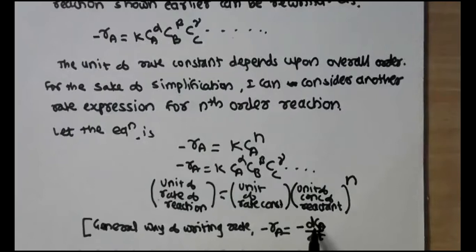Like this, final concentration minus initial concentration, but the value will be in concentration units only. So in place of unit of rate of reaction, we write unit of concentration divided by dt, the time interval. So unit of concentration divided by unit of time is equal to unit of rate constant multiplied by unit of concentration of reactant raised to n.